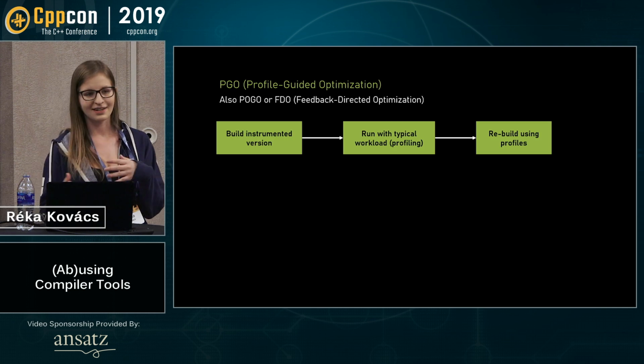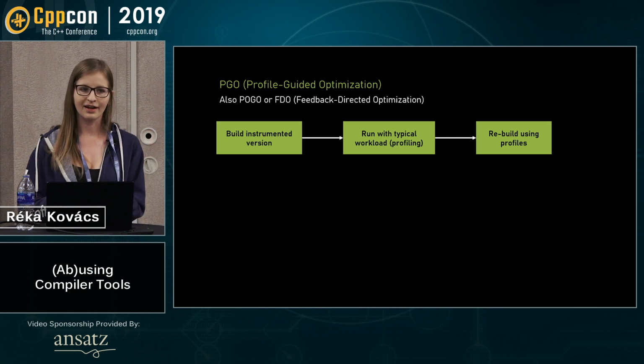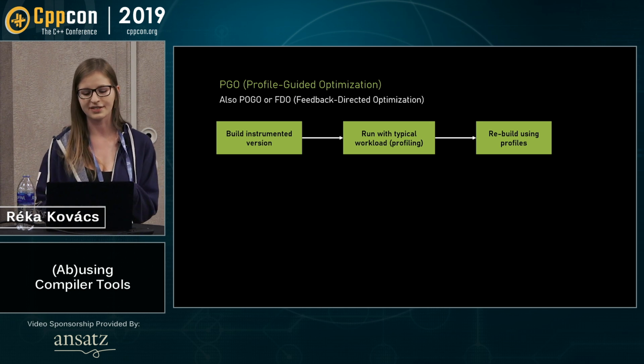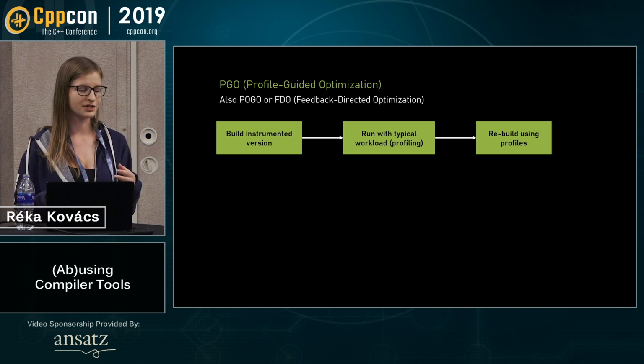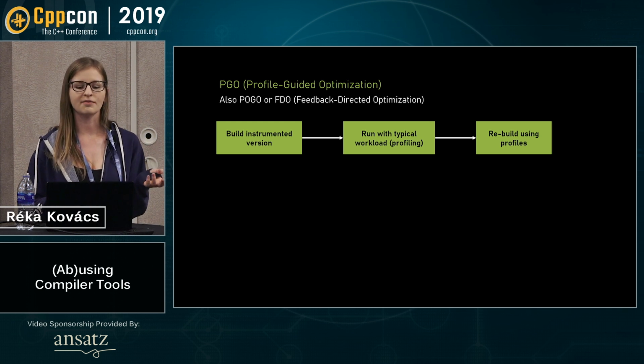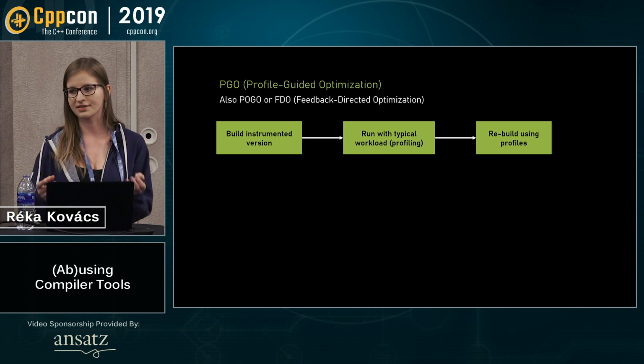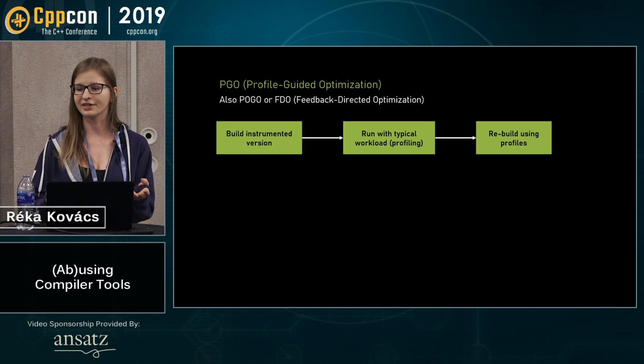To explain what I mean when I say PGO and LTO, I mean, of course, profile-guided optimizations, which are a great feature in all of the major compilers. They usually start by building an instrumented version of your binary. Not always. I think Clang has support for sample-based profiling, but usually. Then you run your instrumented binary in a typical execution scenario to collect profile data, and then you use that data to rebuild your binary.